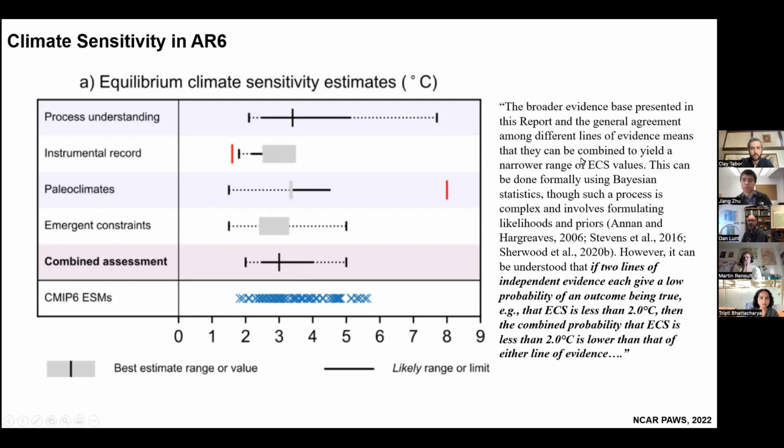As a general principle, if you have several different independent lines of evidence that all have a certain range of ECS, then if you combine those in a Bayesian sense, your overall uncertainty is going to be less. That was the principle we used when constructing the overall combined assessment.